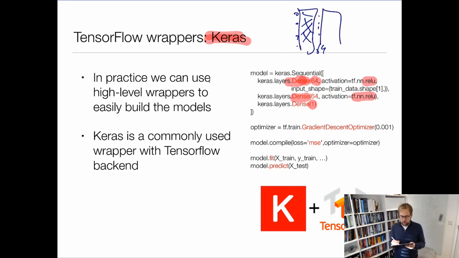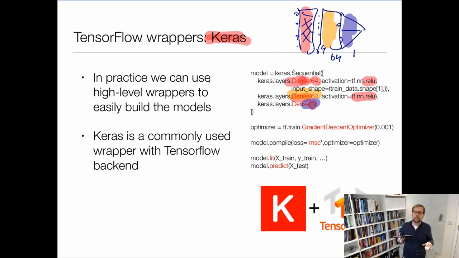Then I have the second one, which is again 64. And then I have this last one, which is down to 1. Those would be the 3 dense layers, this one here, this one here, and this one here, which is the last one, and this orange one was the one before. So one by one I'm defining this network.